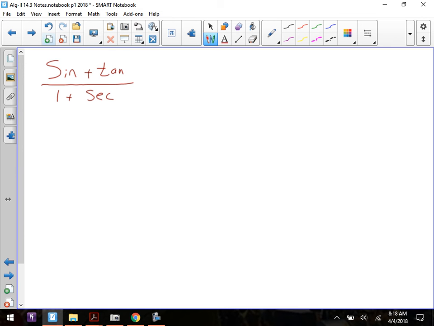Secant is a fraction. So rewrite in terms of sines and cosines, and then get your common denominators. Okay? And it works rather quickly from there.